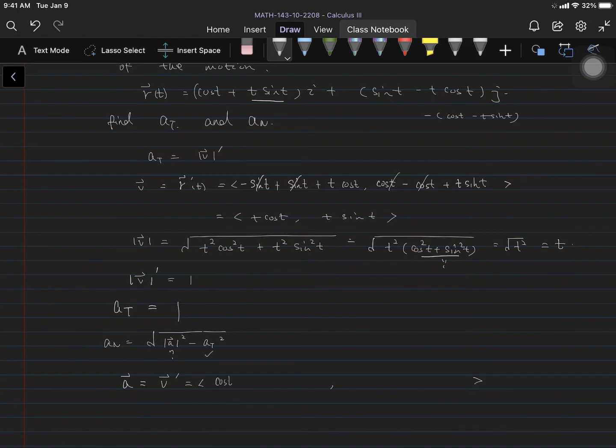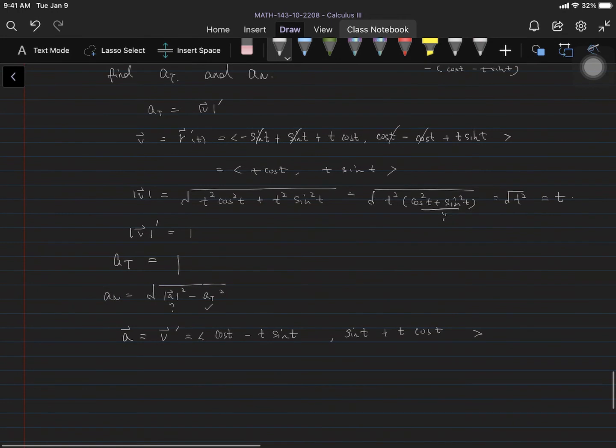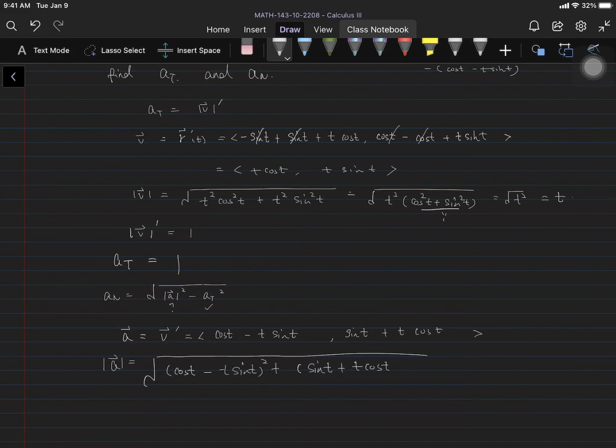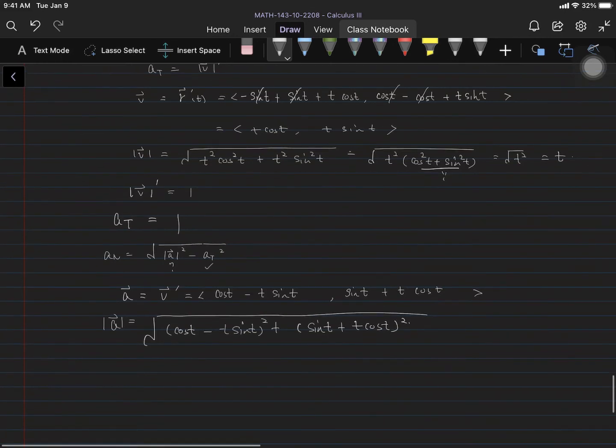So cosine t minus t sine t, and the derivative of t sine t should be sine t plus t cosine t. Right? And next we calculate the length of the a vector. It looks complicated, but we can cancel a lot of terms later. Square plus sine t plus t cosine t squared. Simplify.